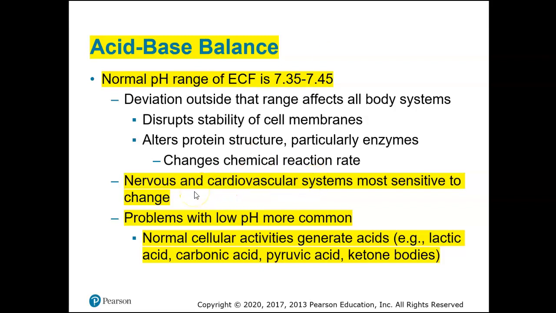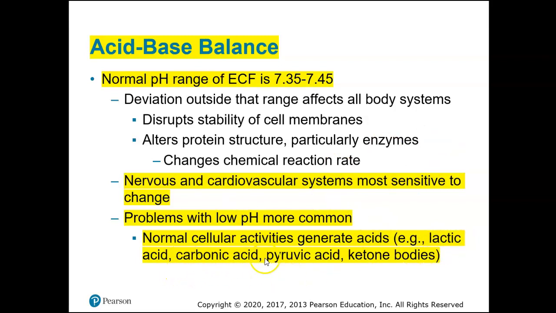The body systems that are the most sensitive to changes in that pH are the nervous system and the cardiovascular system. It's more common to have problems with low pH, or acidosis, because normal cellular activities generate acids. For example, when you exercise for a long enough time, your muscles will build up lactic acid.